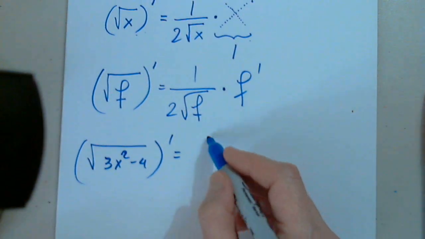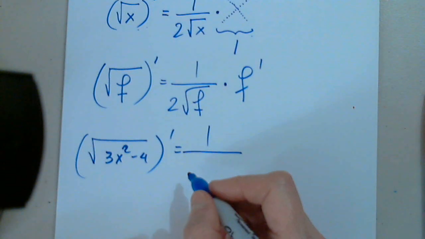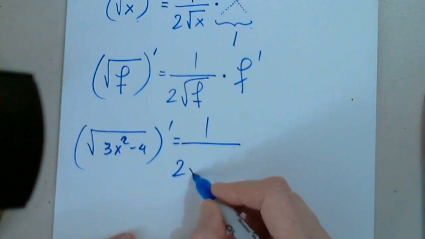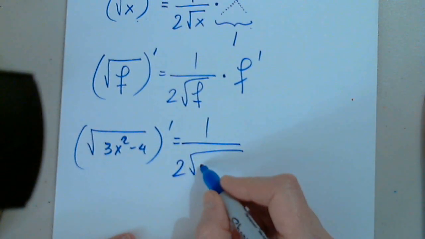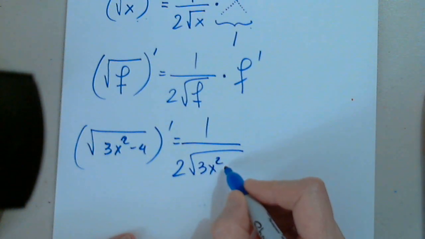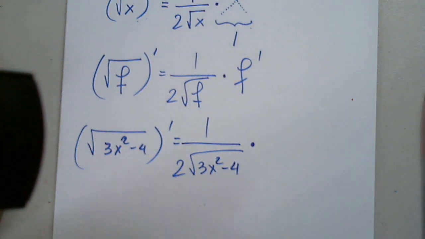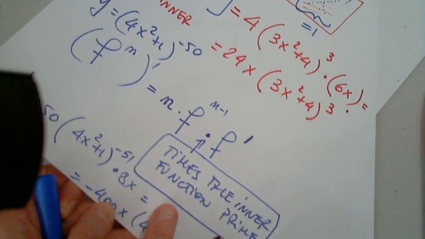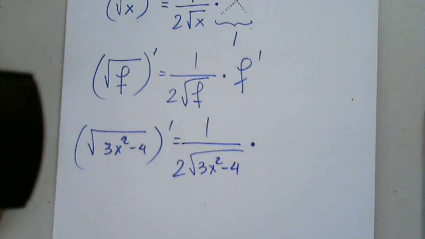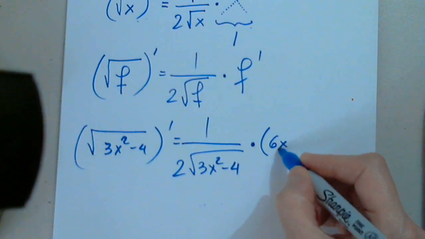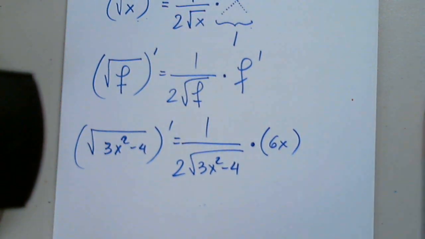Will it be 1 over 2 square root of 3x squared minus 4 times the inner function prime, a 6x? Excellent. That's it. Great job. Any questions?